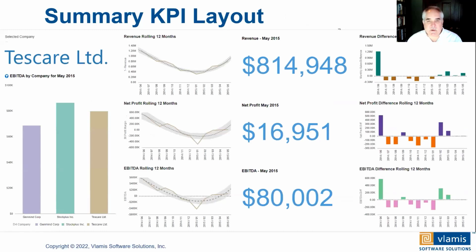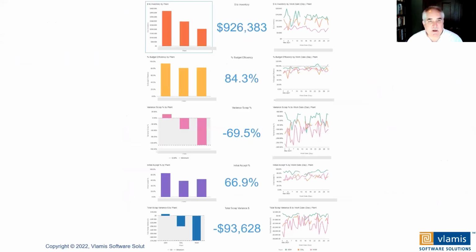So we looked at the summary KPI layout. We talked about that. Here's a different example of how we go down the page, and this is actually for a manufacturing client, Dan. So this was dollars to inventory by plant, and then showing that across time, the budget efficiency.